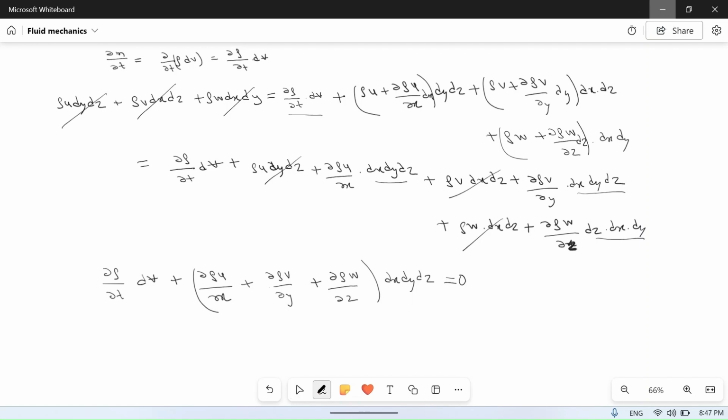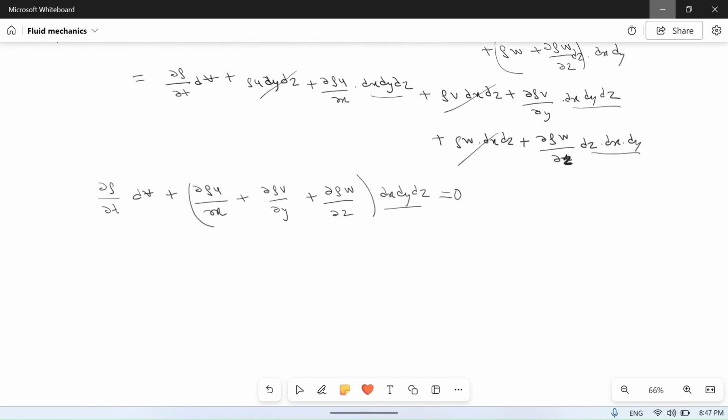So now dx dy dz can be written as volume, so del rho upon del t into dV plus del rho u upon del x plus del rho v upon del y plus del rho w upon del z. In this we can also take dV outside.